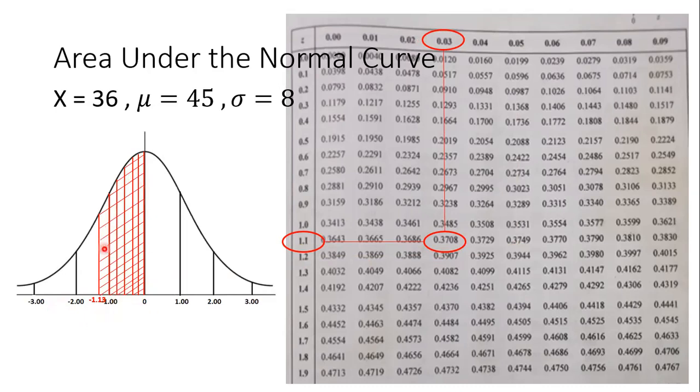And the area of this area rather is equivalent to 0.3708. Yan po yung area bounded by 0 and negative 1.13. So that is how we use the Z-score to look for the corresponding area in our table.